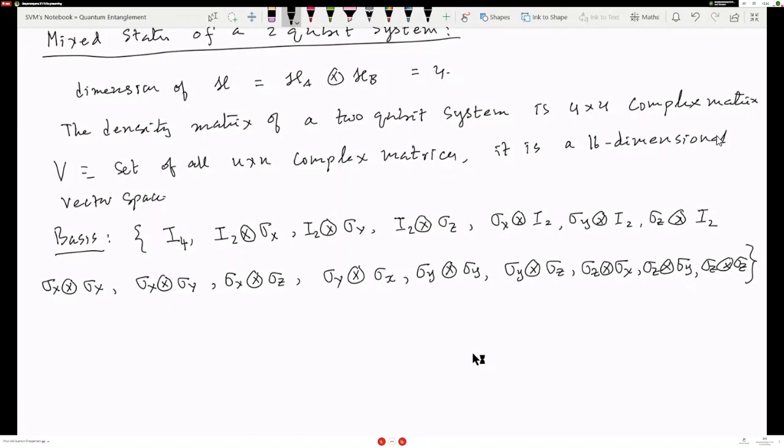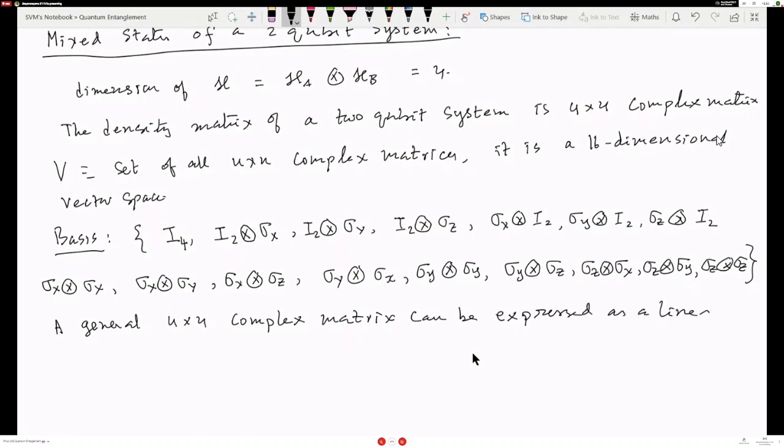Okay. Now I can write it in the following fashion. A general 4x4 complex matrix can be expressed as a linear combination of the above basis elements.